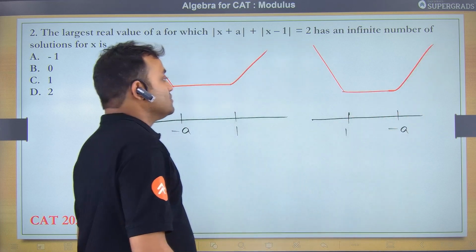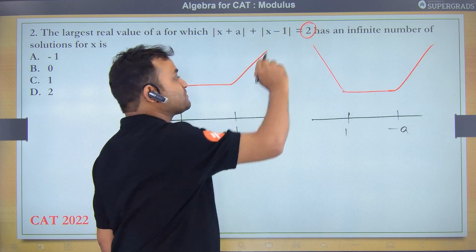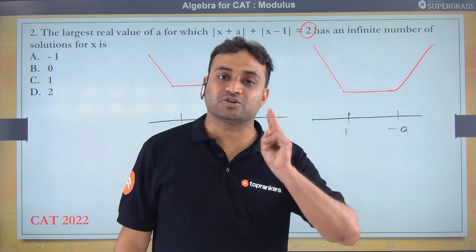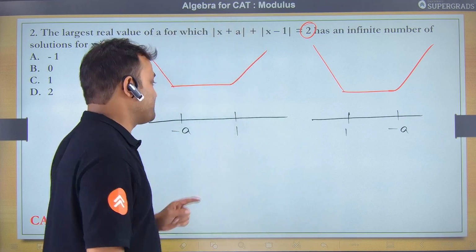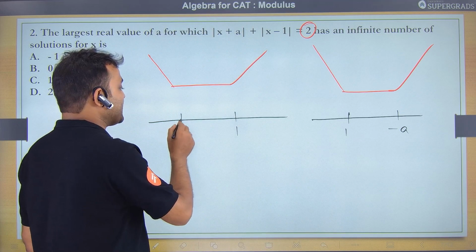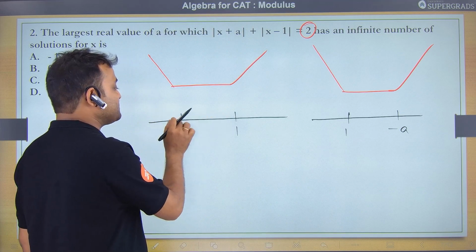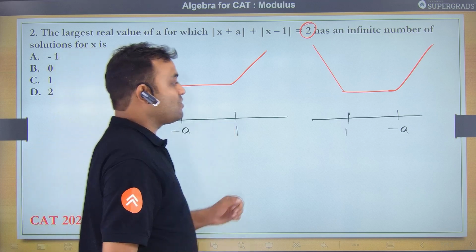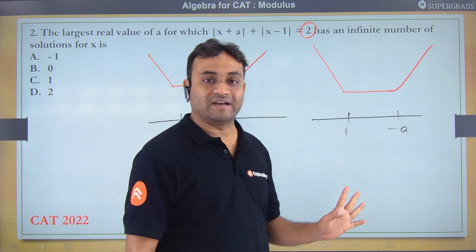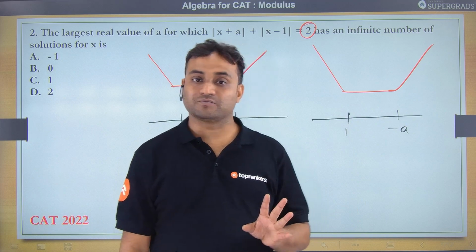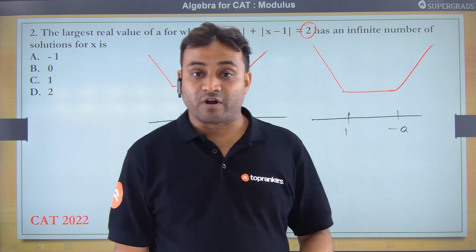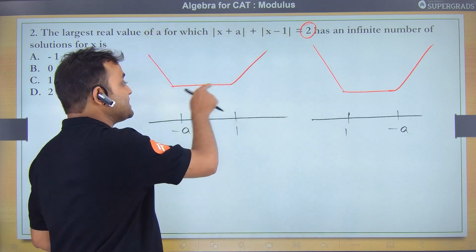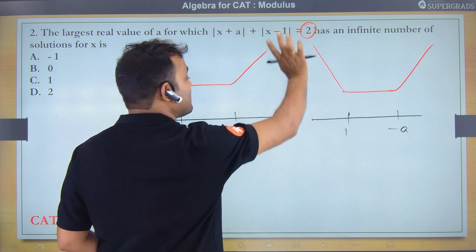So for each value of this expression, we get exactly two values of x, except when we take x between these points. If you take x between minus a and 1, or in this case 1 and minus a, you will always get the same value. Means we have an infinite number of values of x for which we get the same value, and in this question that value is 2.